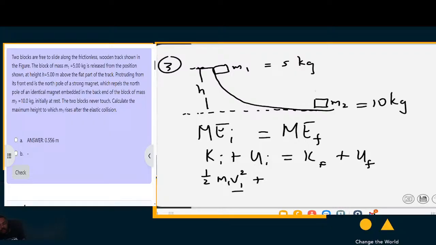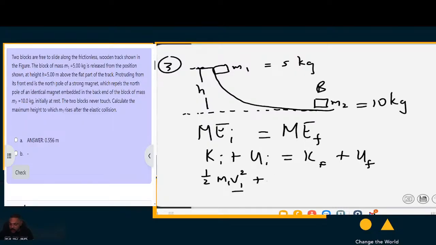This is point B. Let's call this point B. We need to find v1, the speed of m1 at B. That's the collision. We are checking before the collision and after the collision. So the kinetic energy before the collision is a half m1 v1 just before the collision.